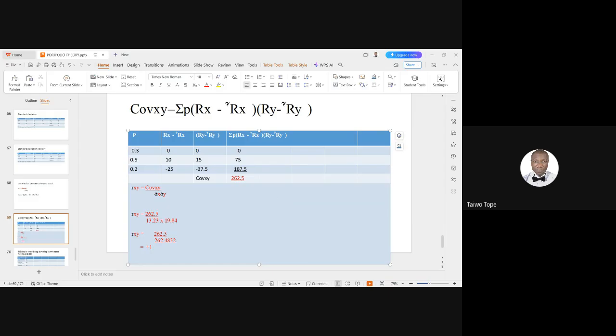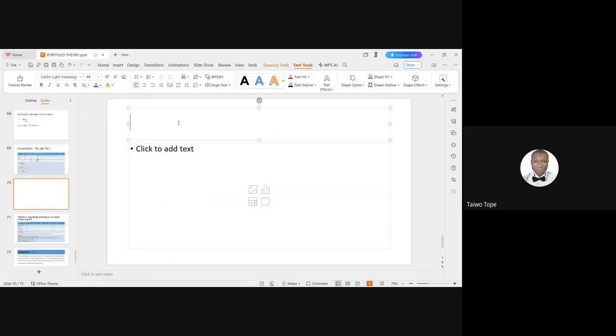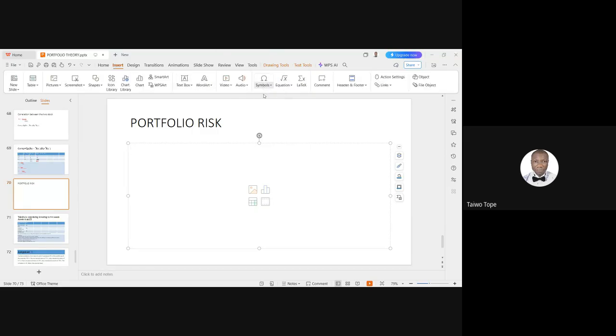So portfolio risk is denoted by this symbol.